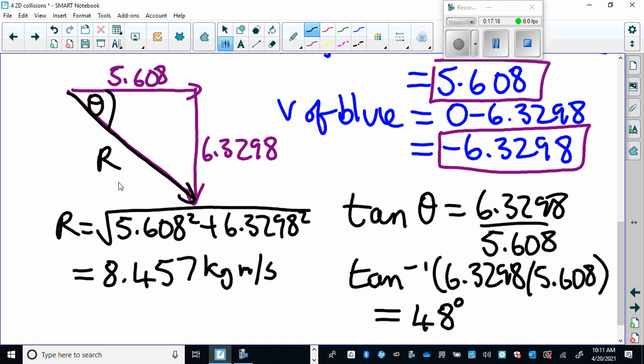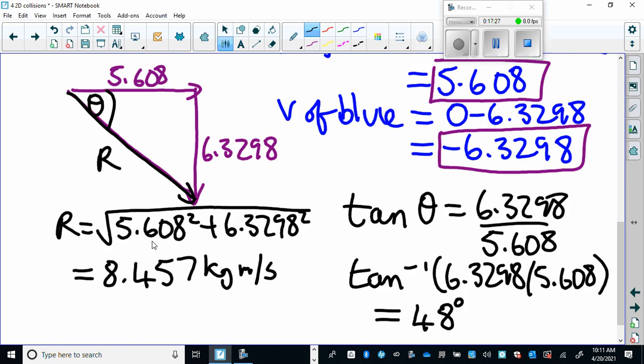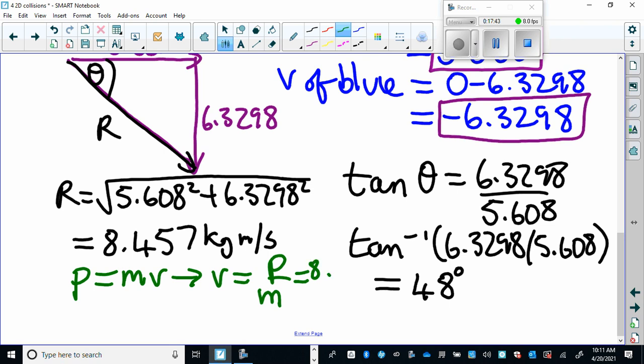Okay, so what we've done now is calculate the momentum, but that's not what the question was asking. The question was asking for the velocity of the blue ball. So we have to go back to our original momentum formula. We know that momentum equals mass times velocity. Therefore, velocity equals momentum over mass. The momentum we just calculated, 8.457, divided by the mass.